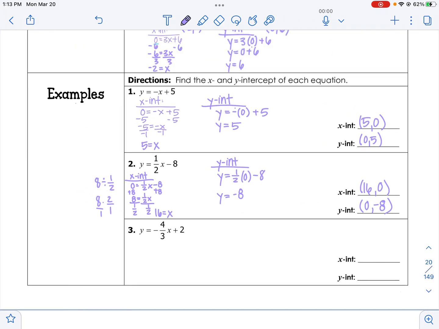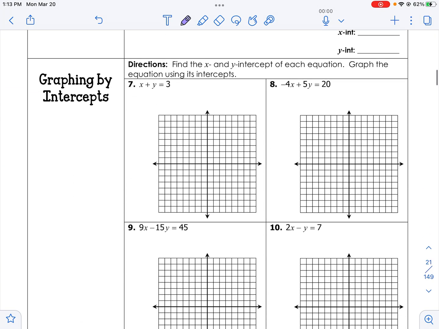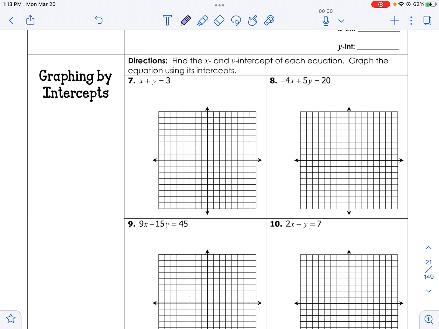Okay, we are going to continue on the back side now, where it says graphing by intercepts. It says find the x and y intercept of each equation and then graph the equation using its intercepts. All this means is that you don't have a pair of points, but rather you're going to use the intercepts as your pairs of points. You're going to follow the same steps. For the x-intercept, you're substituting 0 for y.